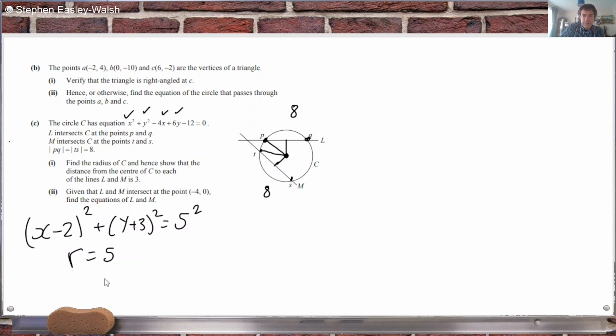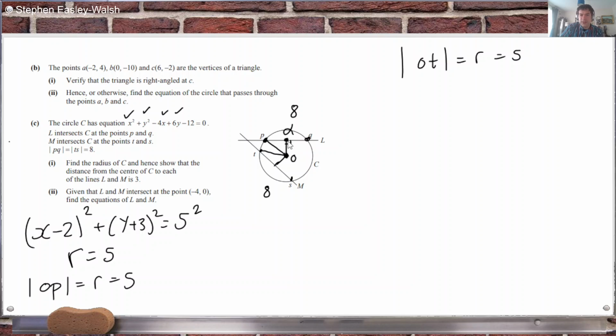So if I call that O, I know that the distance OP will equal the radius, which will equal 5. I also know that the distance OT equals the radius, which equals 5. And let's just call this here alpha. And this is 90 degrees, and it's perpendicular.